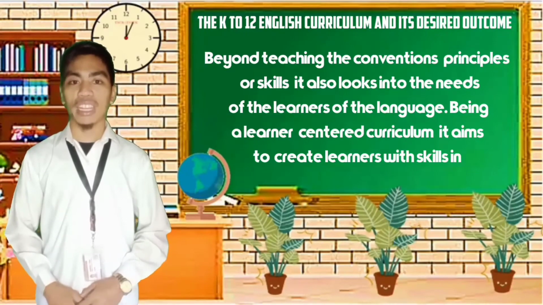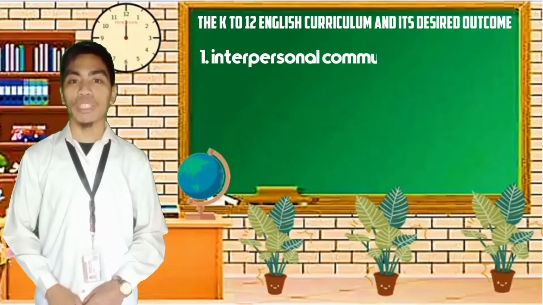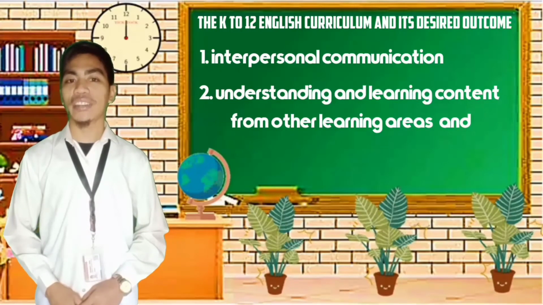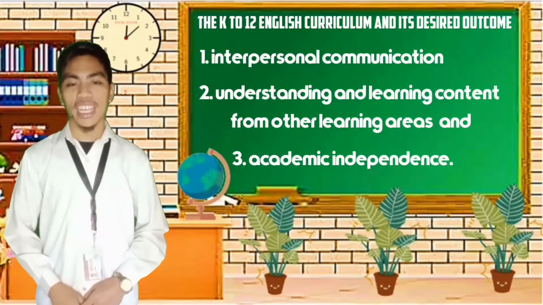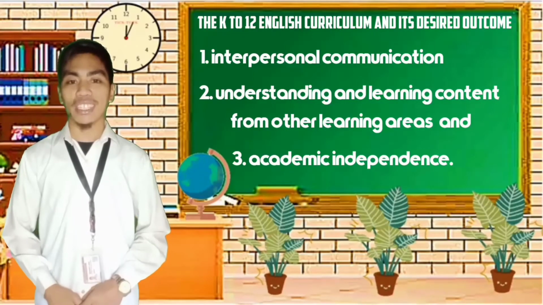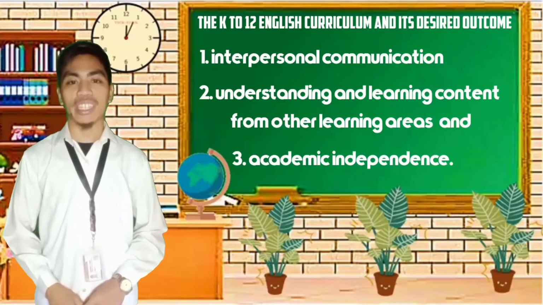It aims to create learners with skills in the following: interpersonal communication, understanding and learning content from other learning areas, and academic independence. Meaning, in the English curriculum of K-12 programs, it aims that the students will be English speaking at the end of their course or career as a student.